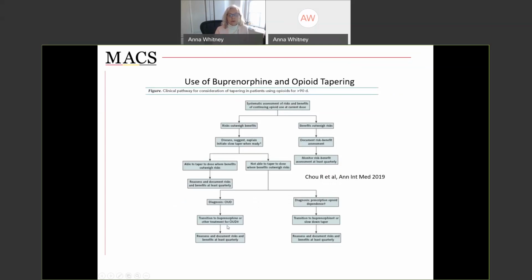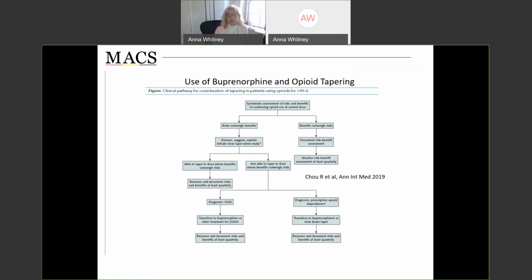Now, Chu and Valentine also describe that there may be this diagnosis of prescription opioid dependence that has no ICD-10 code, no ICD-11 code.